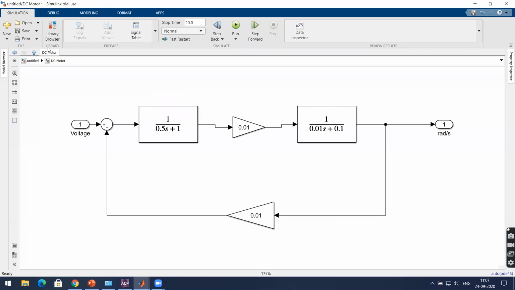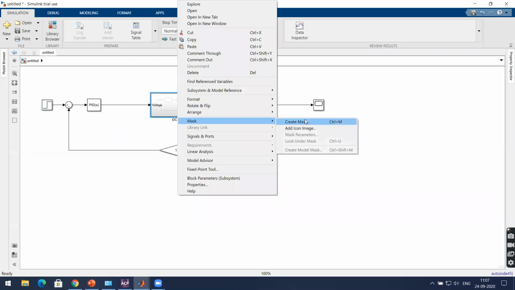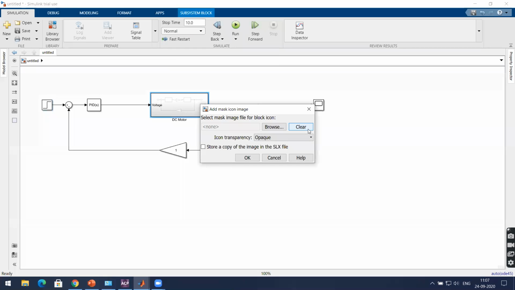So this is creating a subsystem inside the whole thing. This is an advantage in Simulink. Any questions?